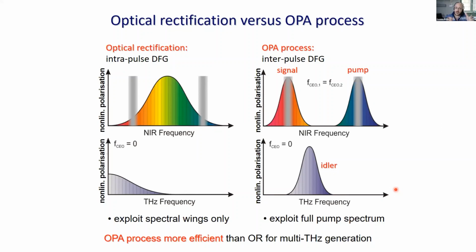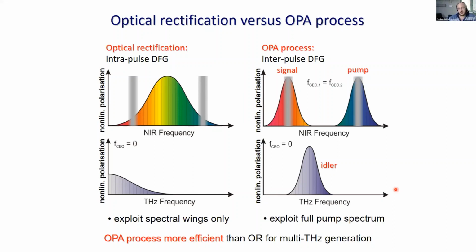The peculiarity of this process is that technically the lowest frequency that you can generate is zero frequency, a constant frequency that is the result of the traditionally defined optical rectification.